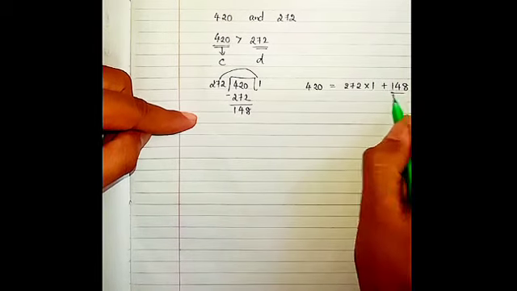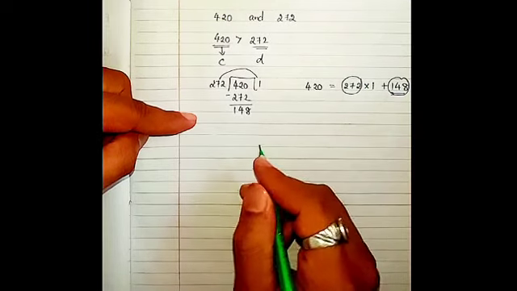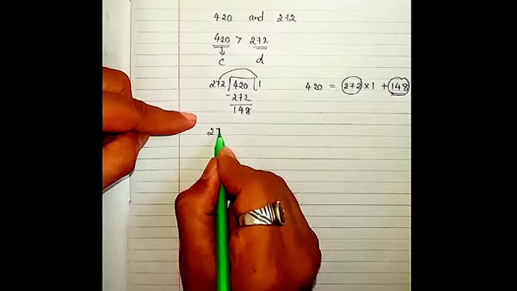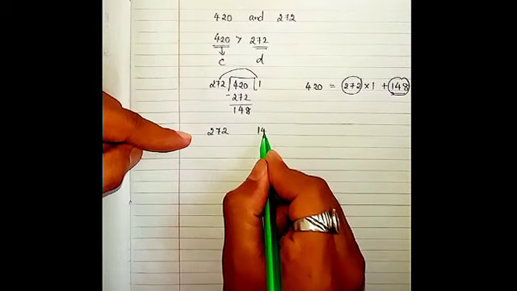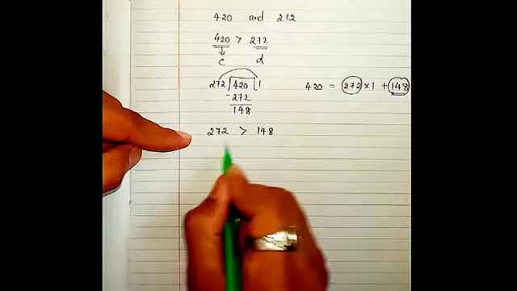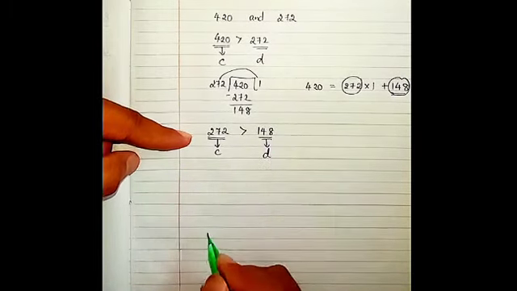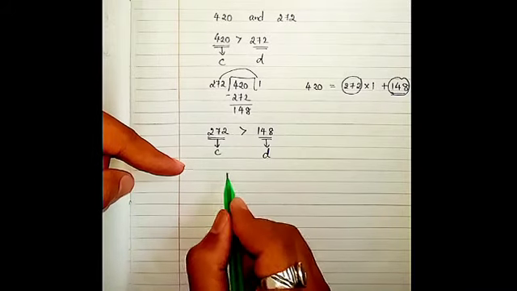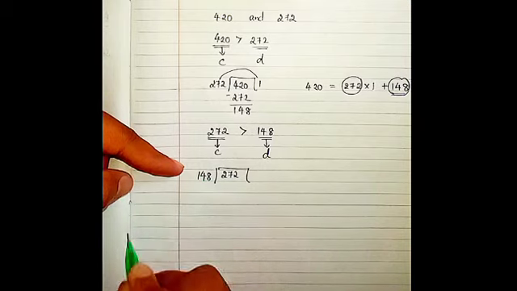So I will state this in the form 420 is equal to 272 multiplied by 1 plus 148. Since remainder is not equal to 0, we have to consider these two numbers and again follow the Euclid's division lemma. So 272 and 148, this number is greater, this will be my C value, this will be my D value, and then we have to divide 272 by 148.